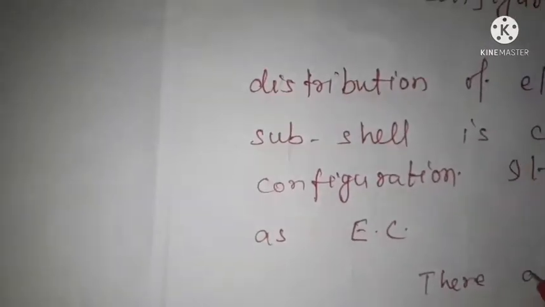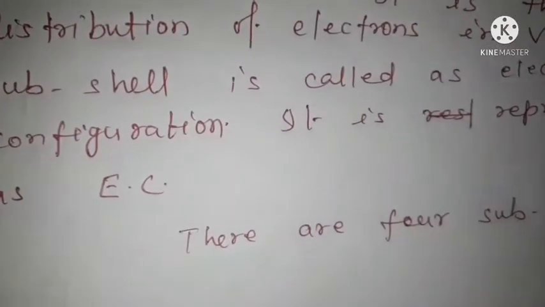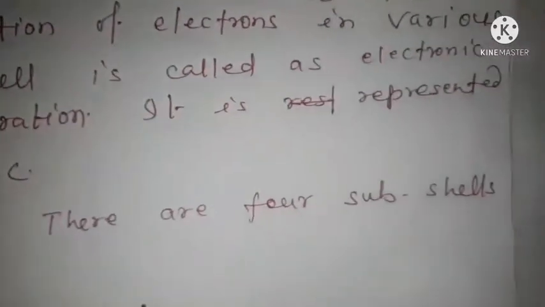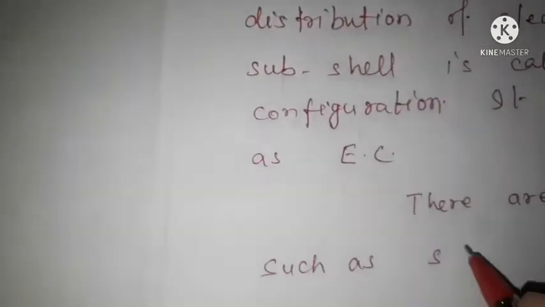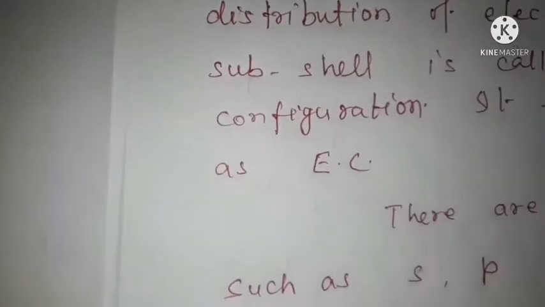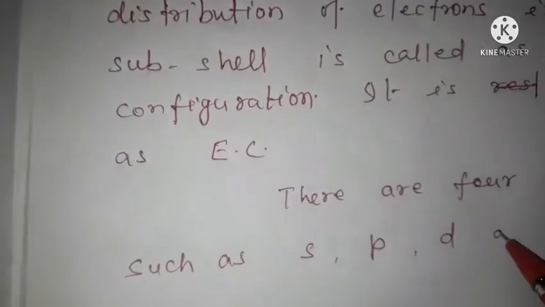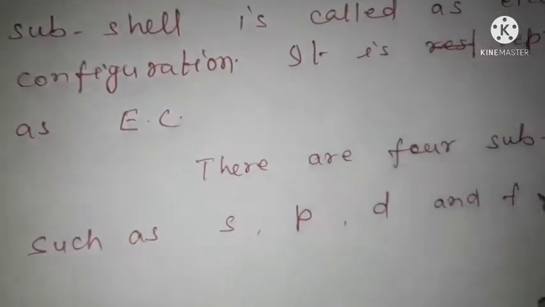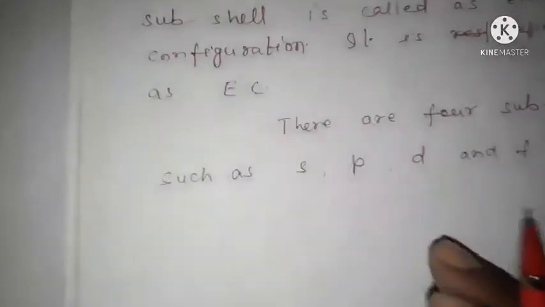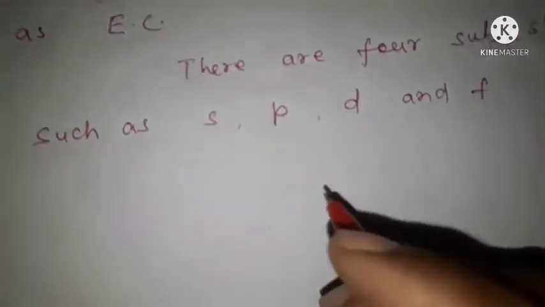We know that there are four subcells: S, that means sharp; P, that means principal; D, that means diffuse; and F, that means fundamental. Now these four subcells are used in electronic configuration.